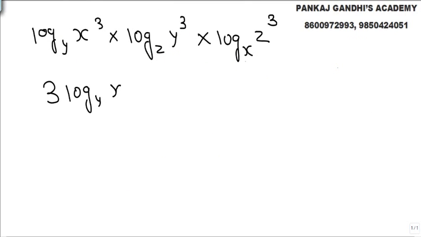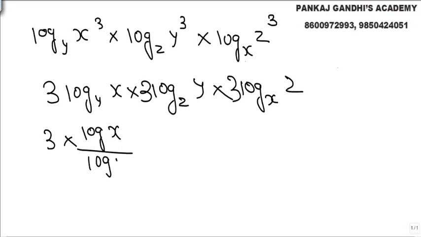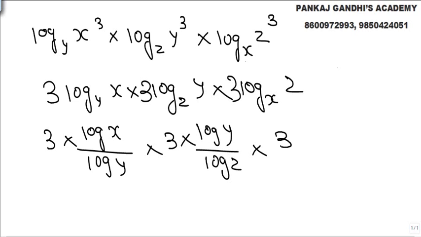Something much similar to previous one, so quickly we'll solve. 3 times log this thing, 3 times log to the base z y, and 3 times this is nothing but basic property. Now what we know is 3 into, last question only we did, base change we are doing, कोई भी base, into 3 log y upon log z, and 3 into log z upon log x.